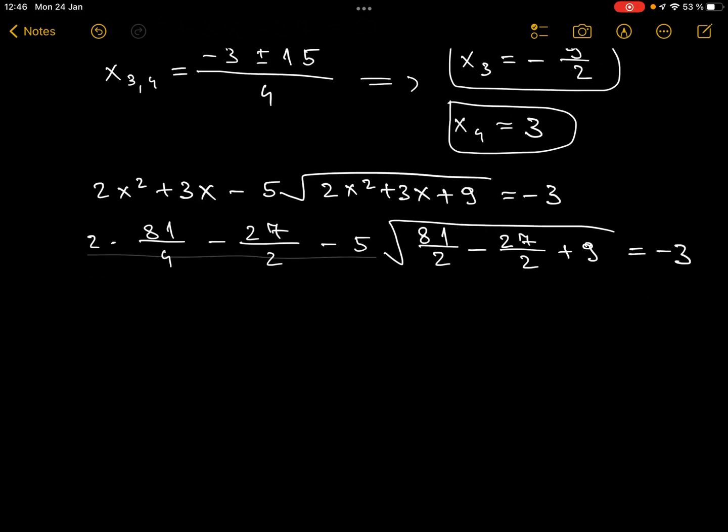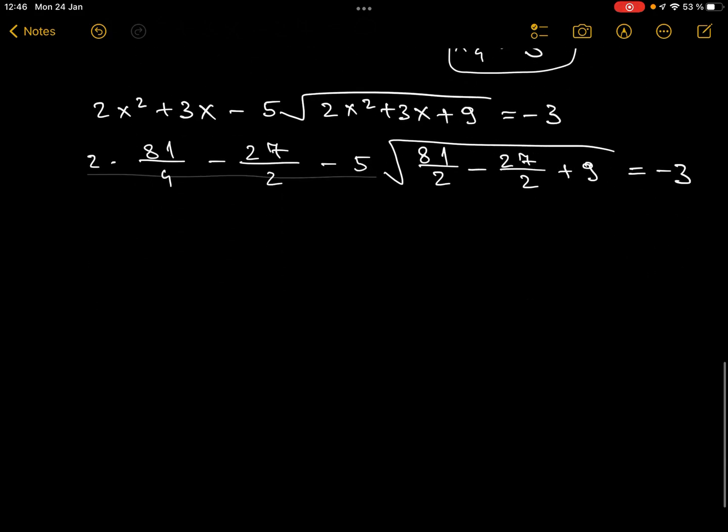Now, when we put in these values, I'm just going to look at this part here first. 81 minus 27 is 54 divided by 2 is 27 plus 9 is equal to 36.